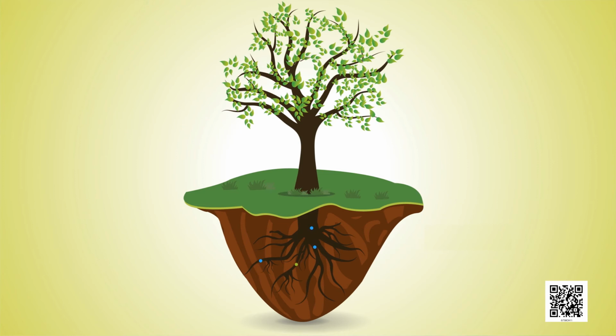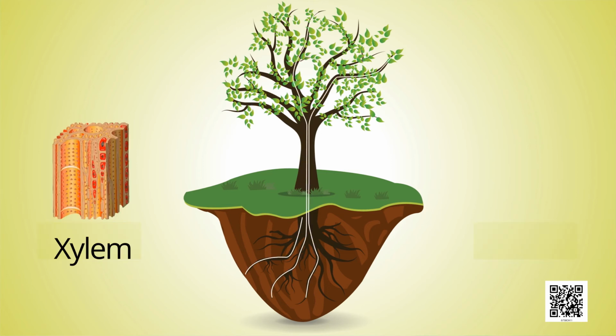The vascular tissue for the transport of water and nutrients in plants is called the xylem. The xylem forms a continuous network of channels that connects roots to the leaves through the stem and branches, and thus transports water to the entire plant.